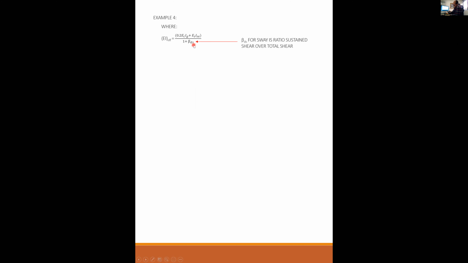But this is a different beta ds than our braced column. This is the ratio of sustained shear over total shear, which in our case is 0. Ig is 13,333. Ise, as I explained earlier, is 270. Beta ds is 0.